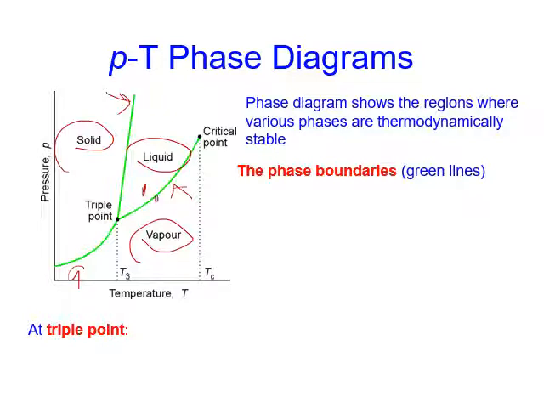Okay, so on point 1, liquid and vapor can both exist simultaneously. So thermodynamically, we know at this point, chemical potential of liquid equals chemical potential of vapor phase.